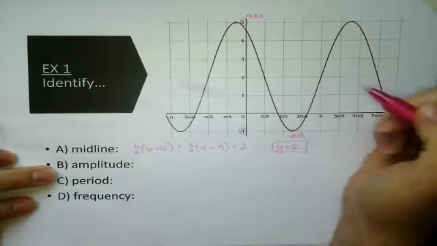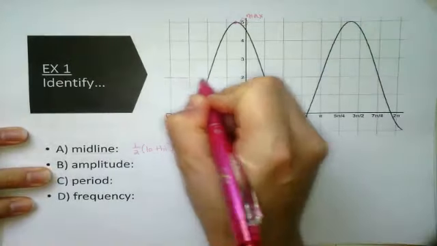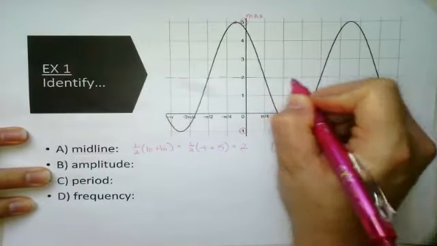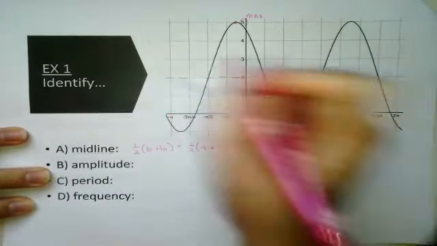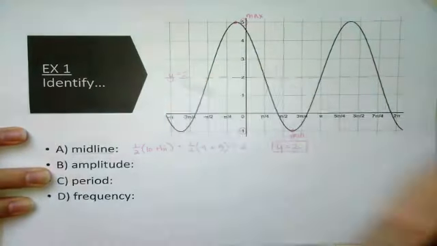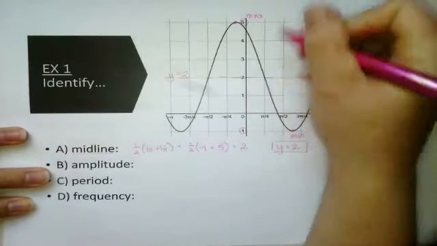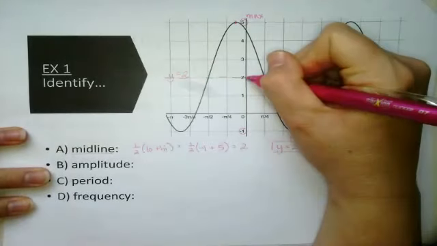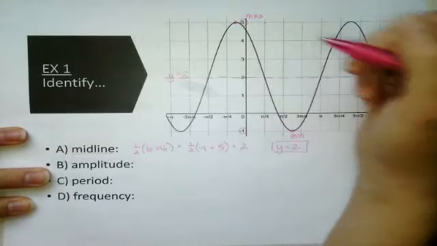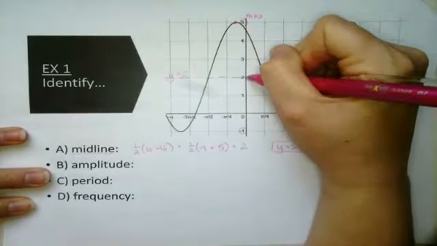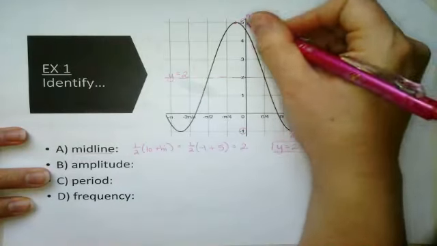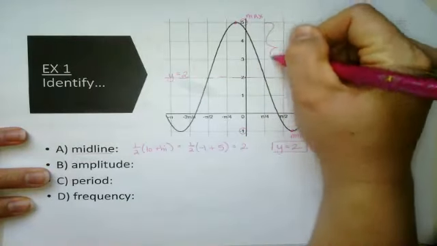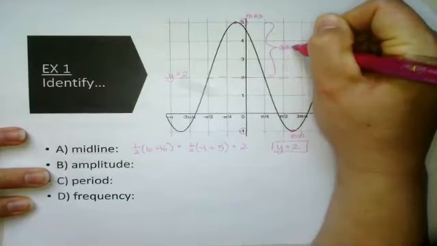The amplitude, so I'm going to go ahead and draw in that midline of 2, and most of the time I think you'll probably be able to just see the midline. So here's our midline, y equals 2. The amplitude is the distance between the midline and the maximum. So this distance represents the amplitude.